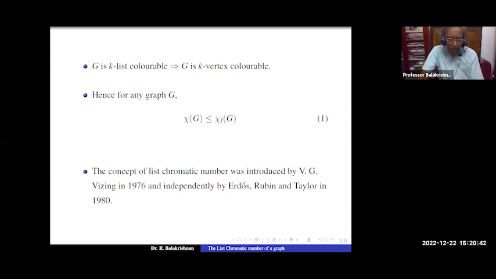He had been a very outstanding graph theorist and probabilist, been to almost all the countries of the world, lecturing, throwing out open problems, and so on and so forth. So the concept of the list chromatic number was independently conceived by Erdős, Rubin, and Taylor in the year 1980.